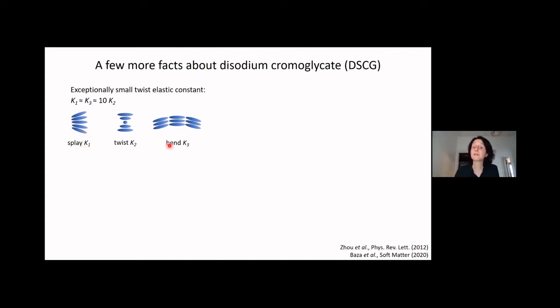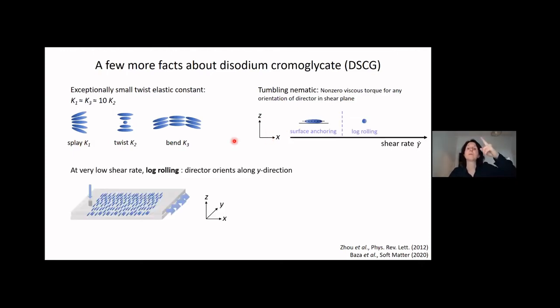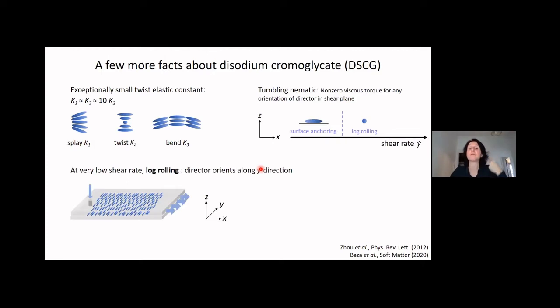And so as a consequence of this small twist elastic constant, a director in the shear plane, so in the XZ plane, will not want to deform in the shear plane, as this would involve either a splay or a bend type of deformation, but instead it will reorient by a twist deformation towards pointing in the y direction, which is called a log rolling state.